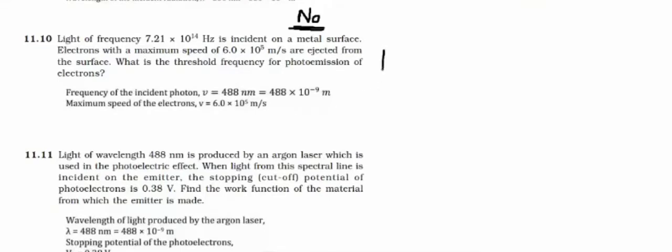We have the formula h nu minus h nu naught is equal to, speed is given so we have no other option, half m v max square. From this formula, the value of nu naught you have to calculate.